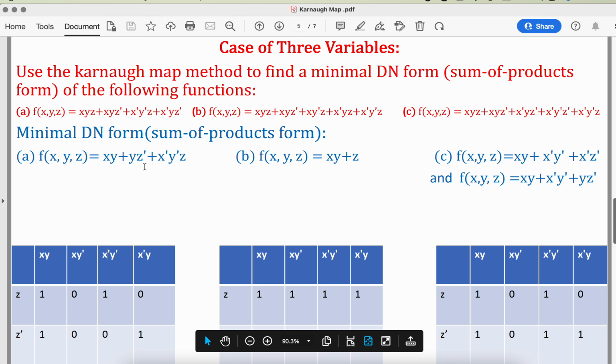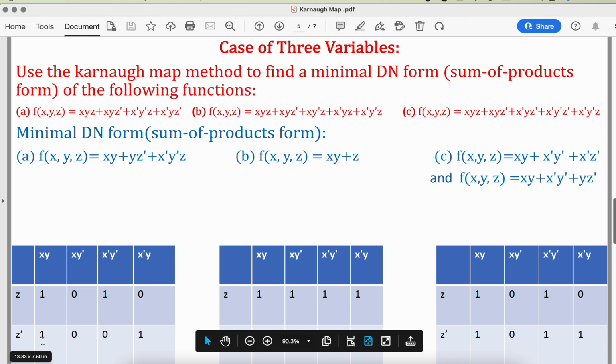So yz'. So this rectangle, which is a vertical rectangle, gave us xy, because here we have xy. And this horizontal rectangle, here we have 1 and here we have 1, because we are considering this column and this column as adjacent columns.